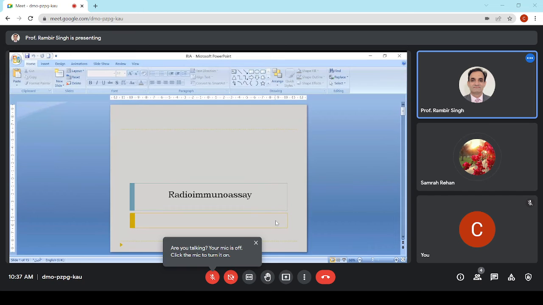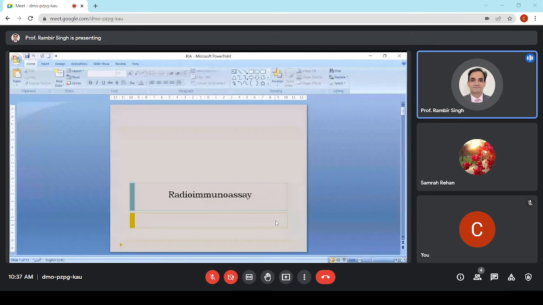But most of our hormones are in nanomolar or picomolar concentration. So sometimes it becomes very difficult to analyze a molecule by ELISA. So instead of using ELISA, we prefer to use RIA.